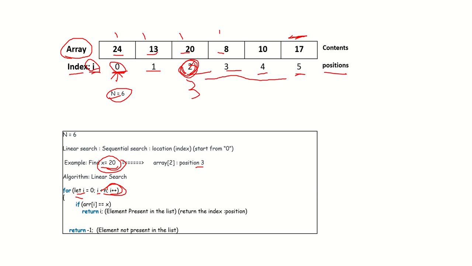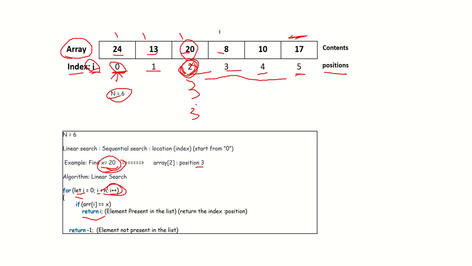So for example, in this case, if I find the searching element, which is x equal 20, I have to return i, the element's representation in the list, so return the index position. In this case, i equals 2, which is the position of 20.